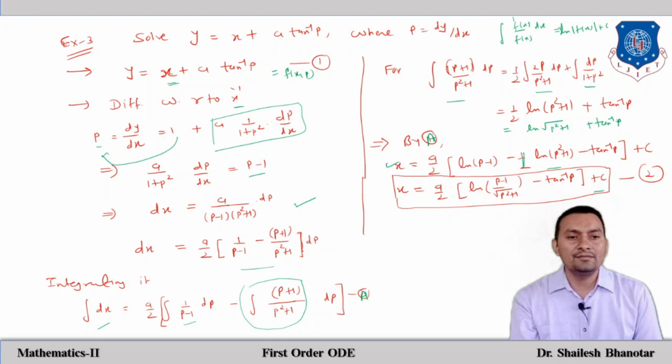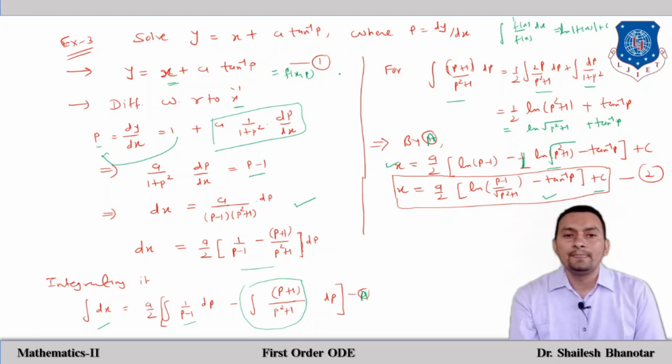So just write it minus 1 by 2, I have written over here like the square root, and this is minus tan inverse p plus c. But again we know that ln a minus ln b can be written as ln a divided by b, and therefore we have this one.